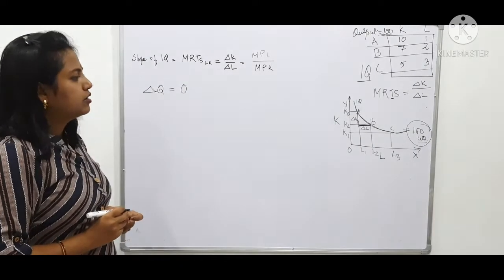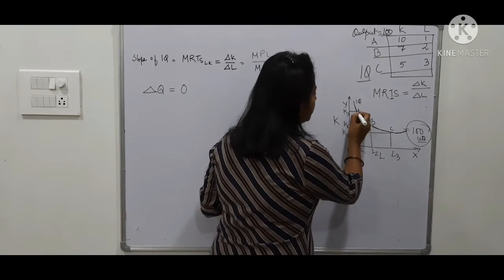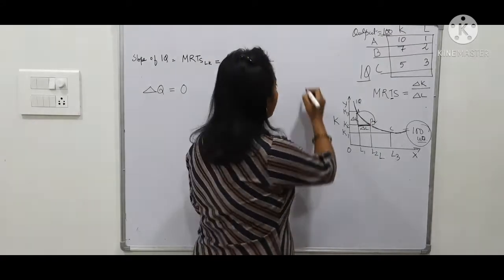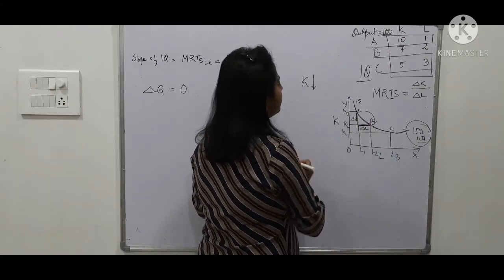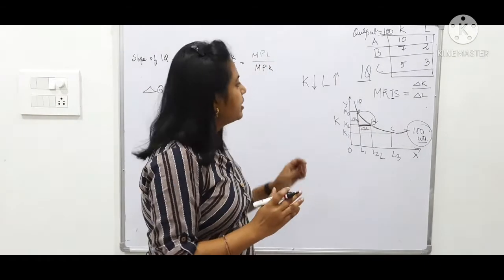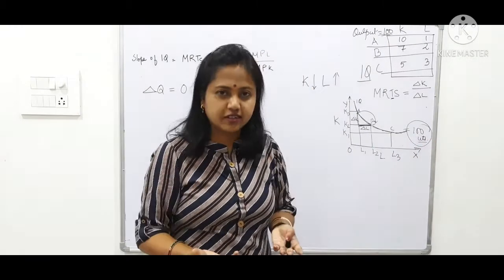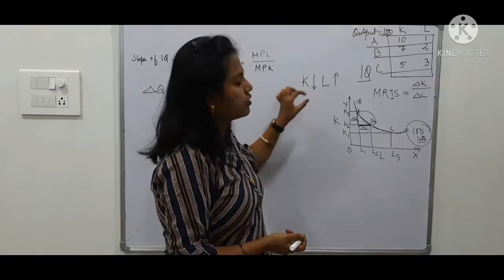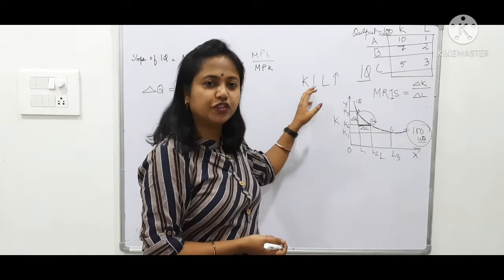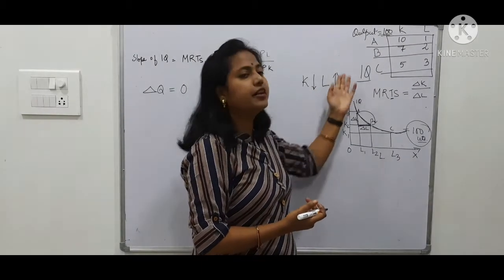Now why is it always 0? Because when I am shifting from A to B, I am reducing the capital and I am increasing the labor. That is why the output remains unaffected, because whatever loss in production happens due to the change in capital is compensated by the gain in labor.